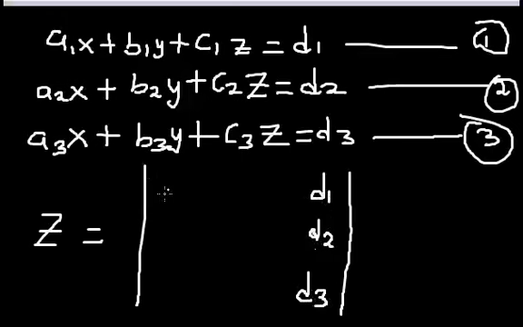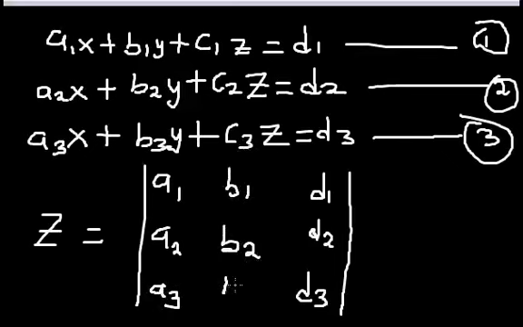The others now are the coefficients of x and y. That's going to be a1, a2, a3, then b1, b2, b3.